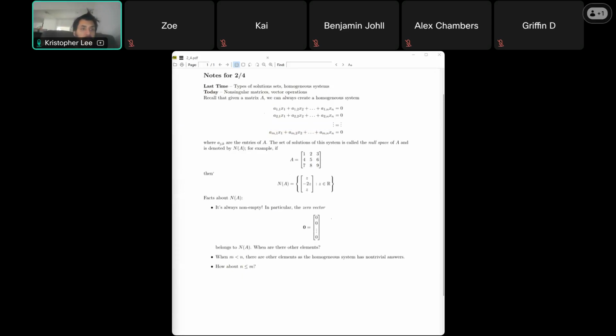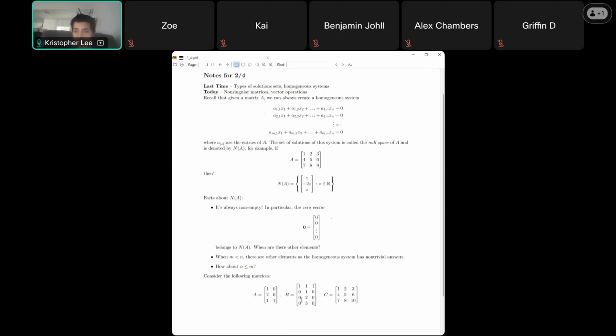Let's look at three matrices, investigate their behavior, and compute their null spaces. This will give us an idea of what might happen when m does exceed n. Here we have three examples. In A, there are 3 rows and 2 columns, so the number of rows outdoes the number of columns.